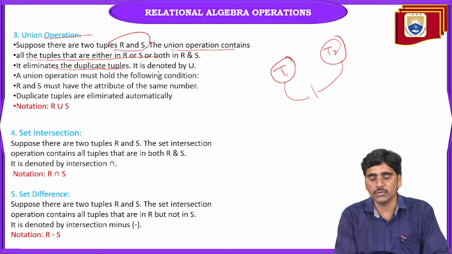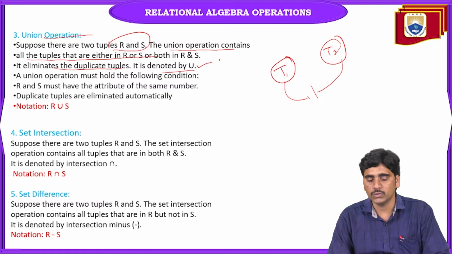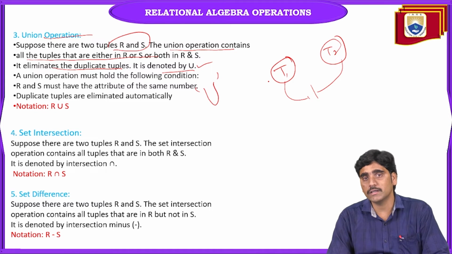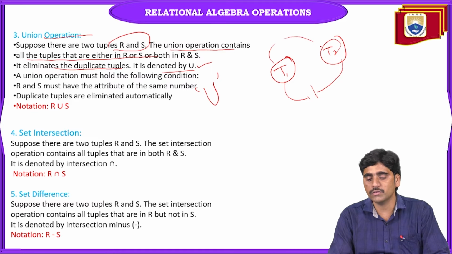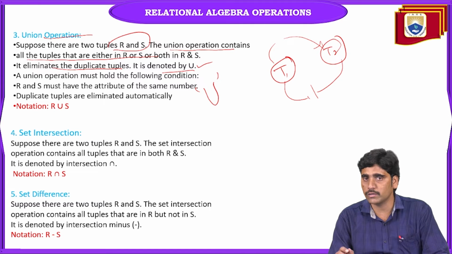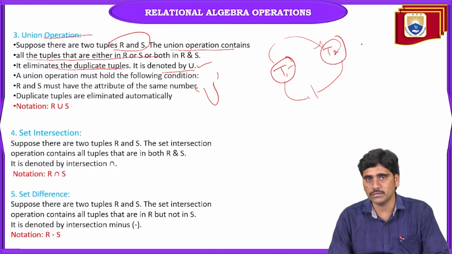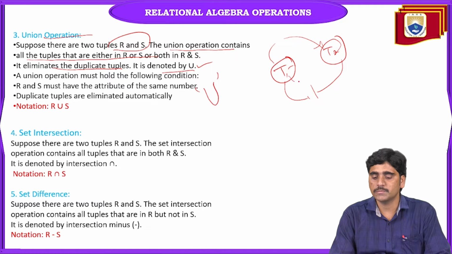It is denoted by U. So the union operation is denoted with U, and it retrieves all the values from two tables, not including the duplicates. So if you have the same value in both, instead of displaying two values, it displays only one value.